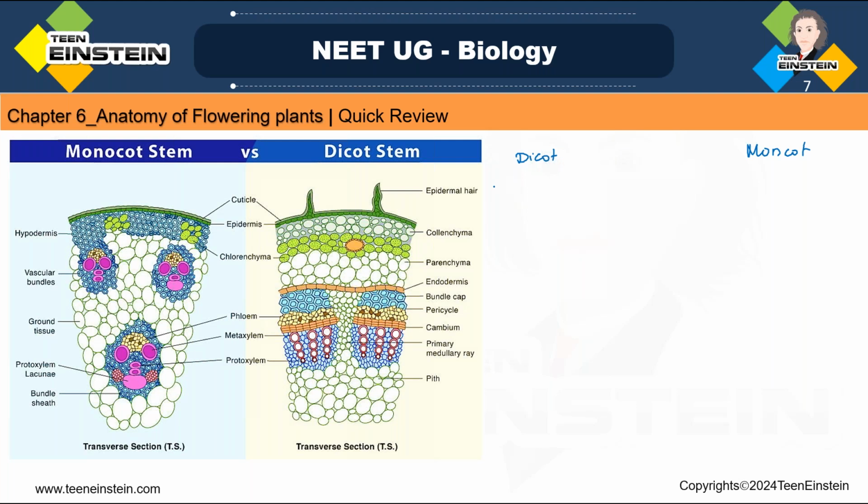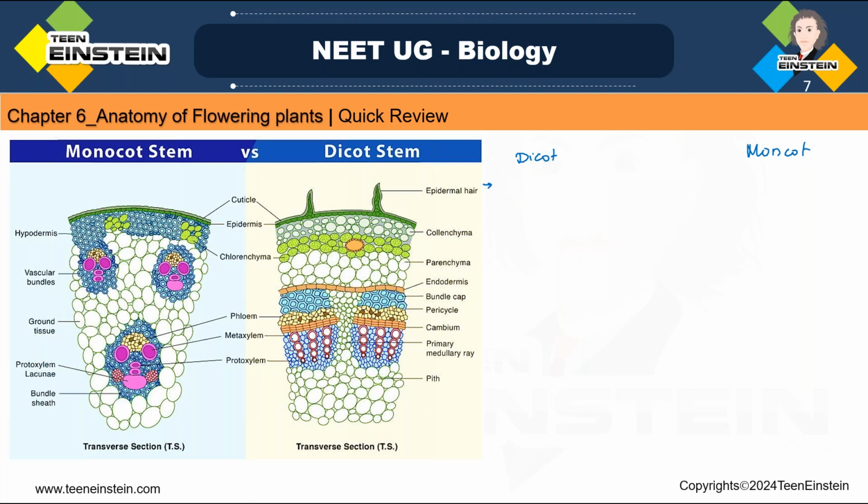While learning the characteristic features of dicot stem and monocot stem, first you need to tell about the epidermis. Just think: here epidermis is there, next comes the hypodermis region, then the cortex region, then the endodermis, then the pericycle region, then medullary rays, then the pith region, then vascular bundles.